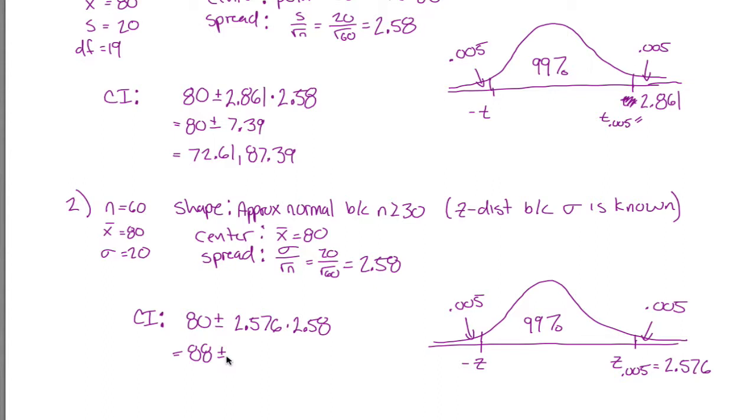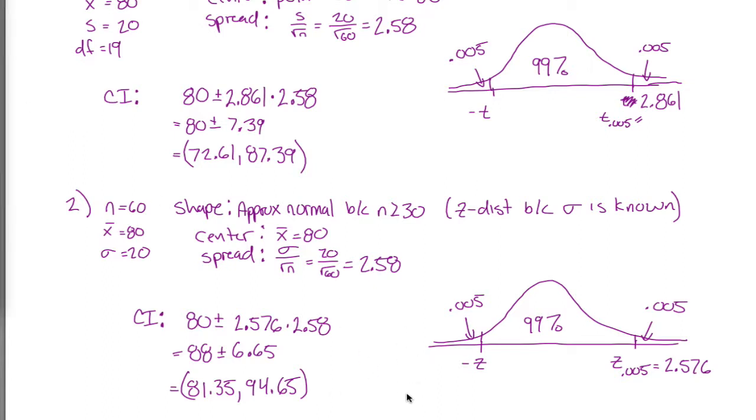Just a coincidence that those are really close. And what you get is 6.65-ish. So what that gives you is a confidence interval from 81.35 all the way up to 94.65. Write it like this so it looks like an interval. And that's the answer to number 2.